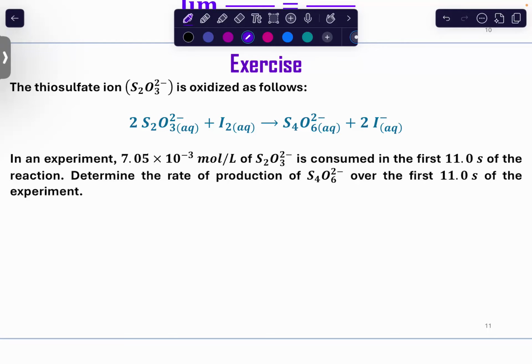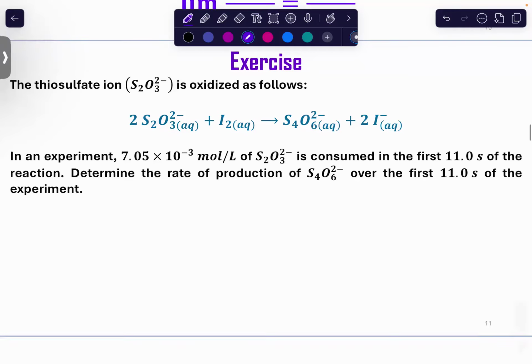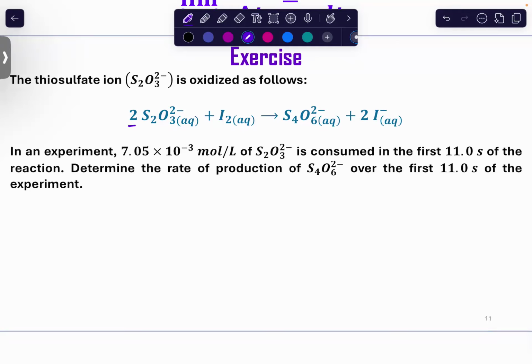All right, so how do we go about this? We need to relate the thiosulfate to the S4O6. We see there's a 2 there, and technically there's a 1 there.